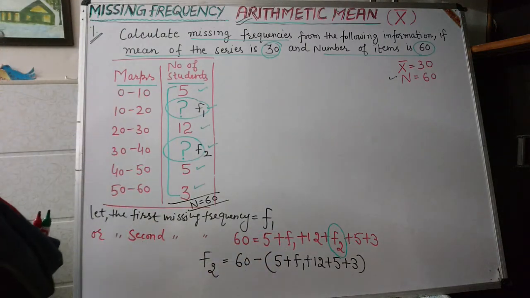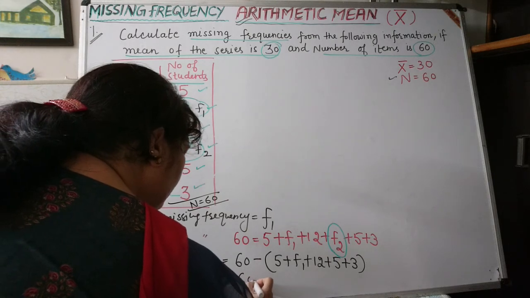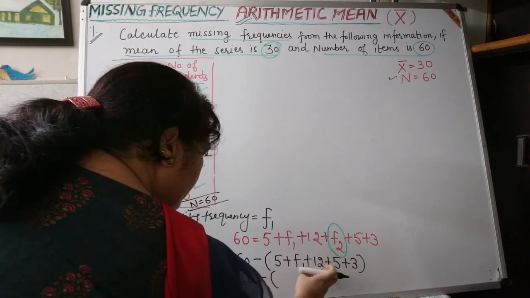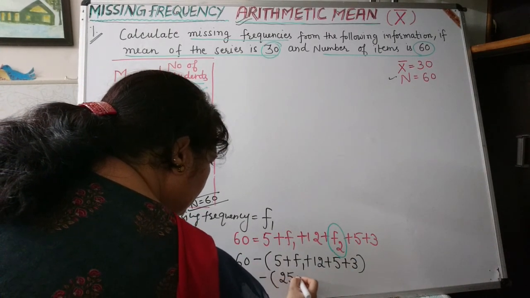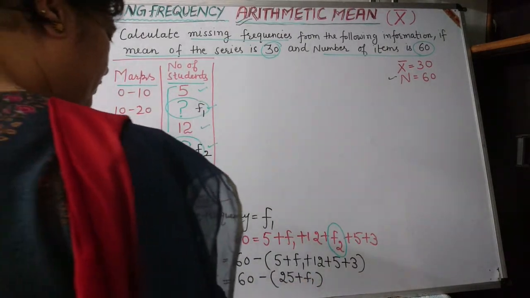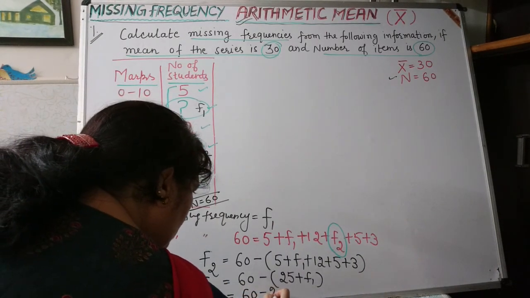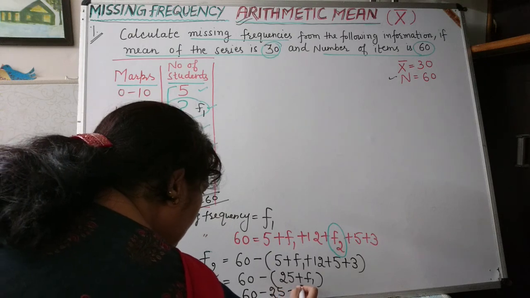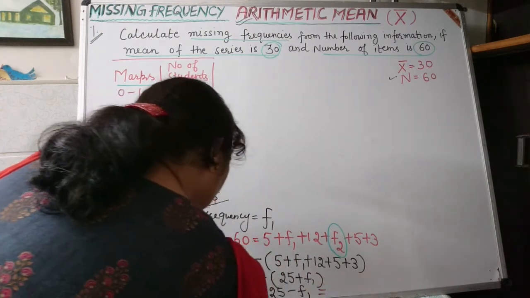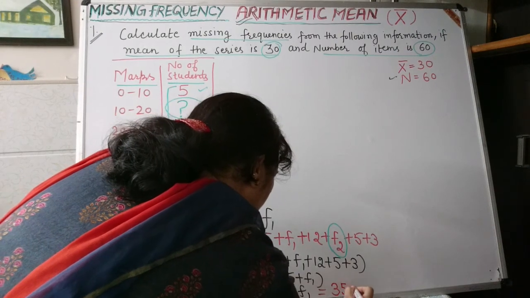In this way we can calculate F2. So the value of F2 is equal to 60 minus (25 plus F1), which is 60 minus 25 minus F1, so it will be equivalent to 35 minus F1.